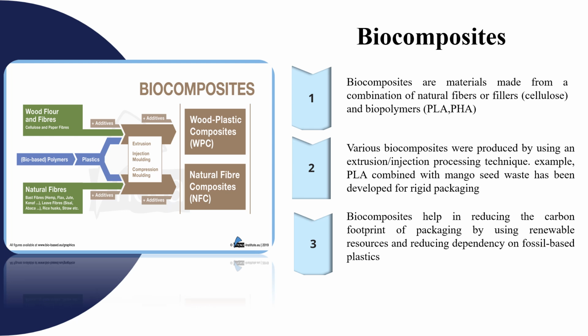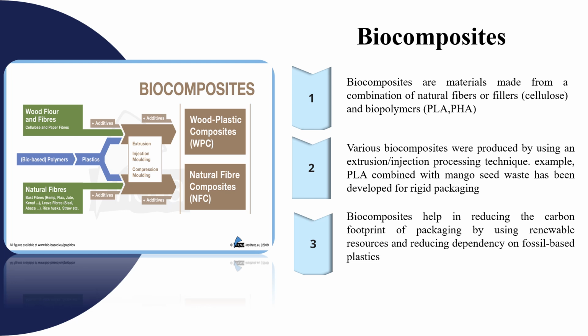Example, PLA combined with mango seed waste has been developed for rigid packaging, which is a sustainable material made from the renewable resources. Biocomposites reduce the dependence on the petroleum-based plastics. For example, the wood fibers mixed with the PLA to create a strong, sustainable packaging material.